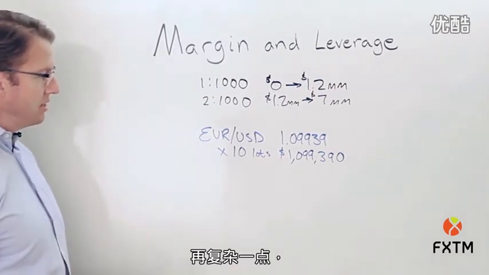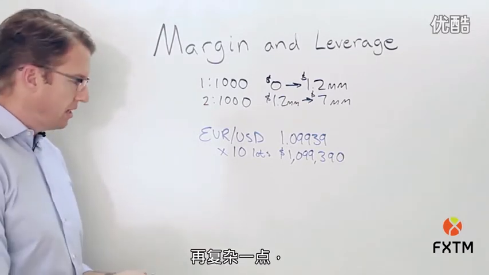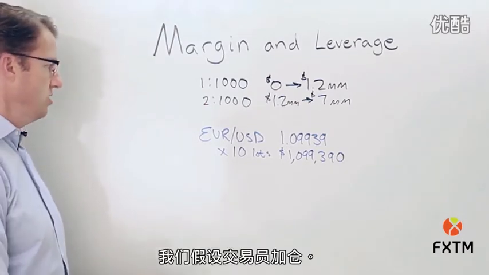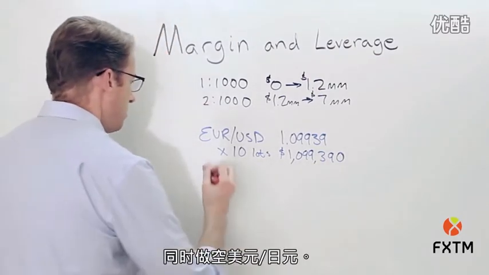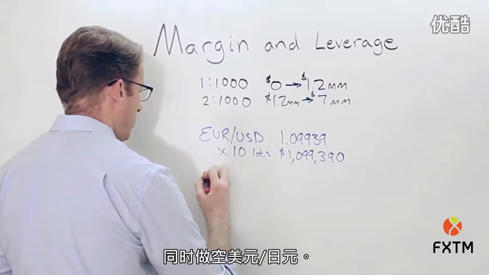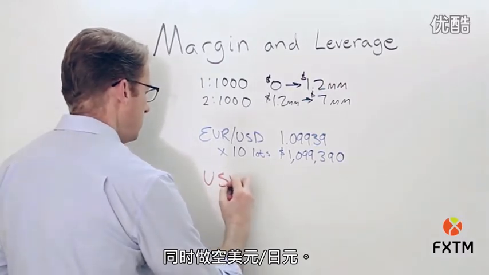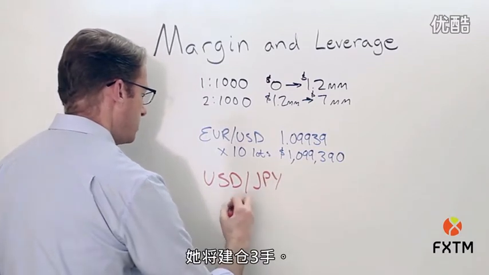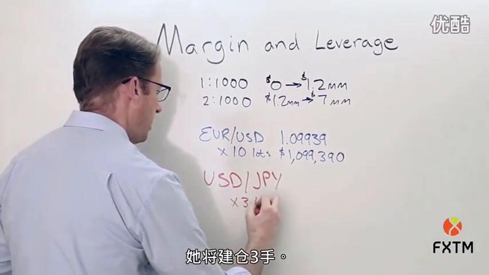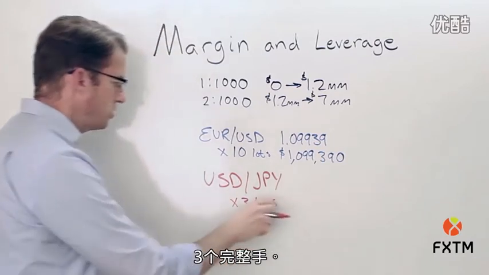All right, but let's say that we make this a little bit more complicated and we add a position here. So we'll say that our trader has decided to enlarge her position by simultaneously going short the dollar-yen pair, and she's going to open up 3 lots of that one, so 3 full-size lots.